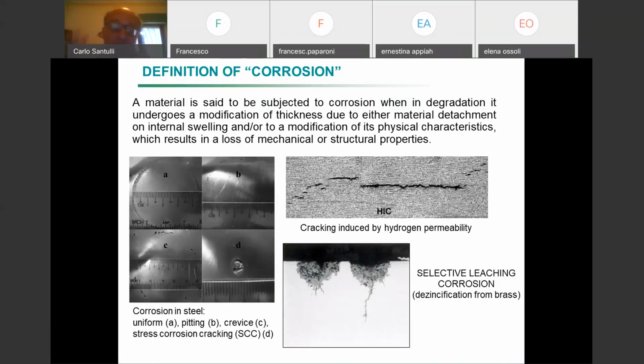It affects metals, not only metals, because also plastics have their particular type of degradation which can be correlated to corrosion, and the same can be said about concrete.